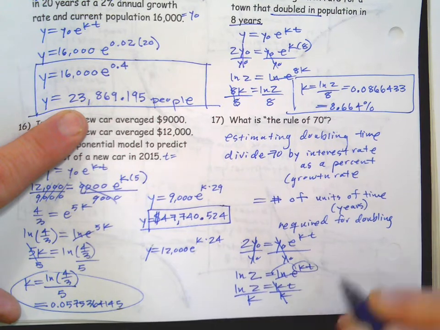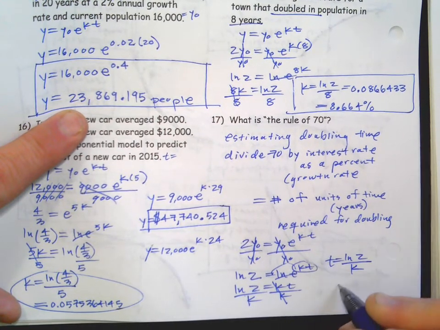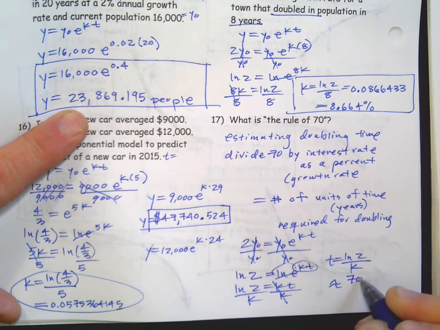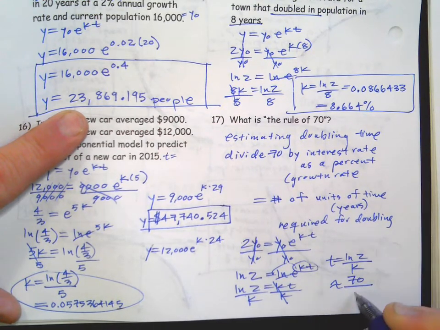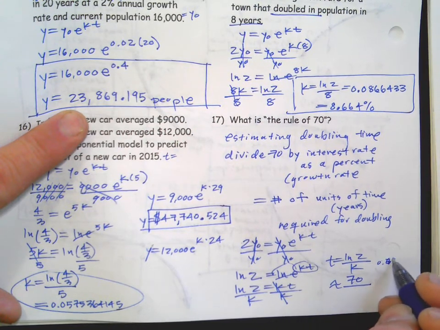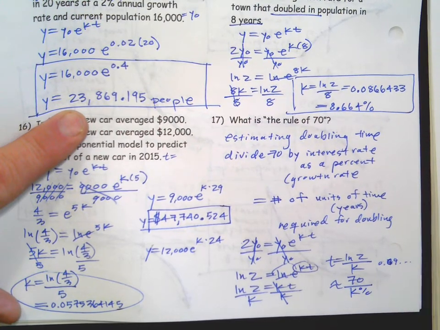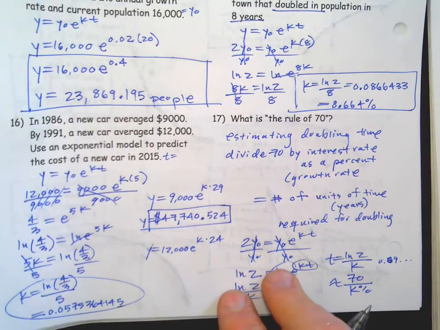And so t equals natural log of 2 over k, which is about 70. It's like 0.7. It's actually, I think, 69, whatever, over k as a percent. So there you go. Okay.